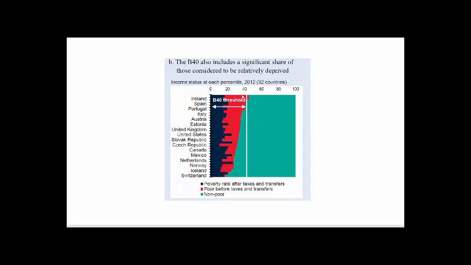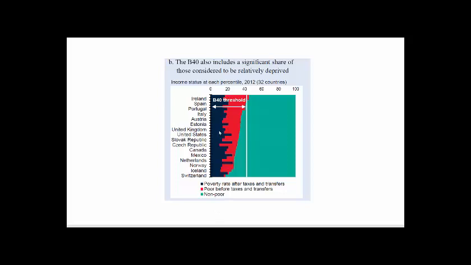So in Ireland, the poor before taxes and transfers are the highest in this comparison group right here. This is the red bar right here. But after taxes and transfers, redistribution of some income, including welfare, the poverty rate drops quite a bit. You see, this is the blue bar right here.